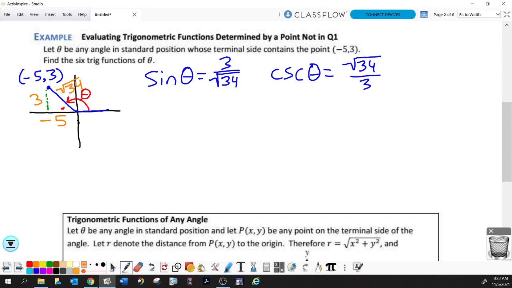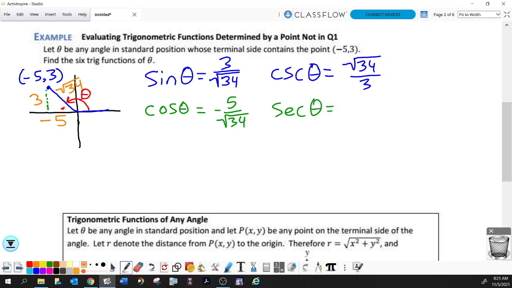Not yet, you don't. Now cosine of theta, adjacent over hypotenuse. This time our adjacent side, remember, meaning adjacent to our reference angle, the red dot, is negative. Negative 5 over root 34. So its reciprocal secant is also negative. How interesting.